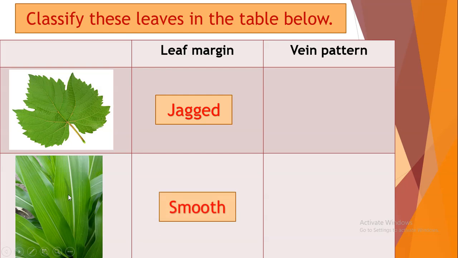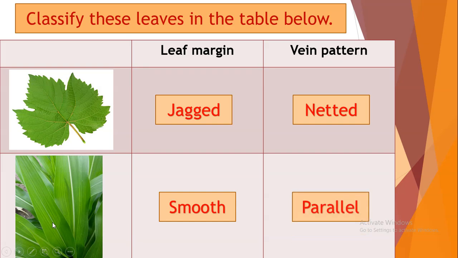Bravo. Now, what about the vein pattern? This is a main vein, and these are small veins that branch out of it, right? So this is a knitted vein pattern. What about the corn leaf? Straight lines next to each other, right? So this is a parallel vein pattern.